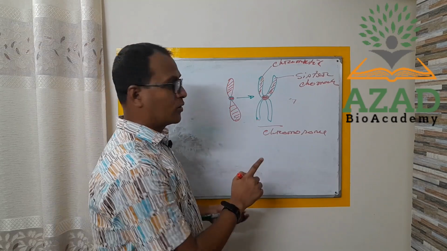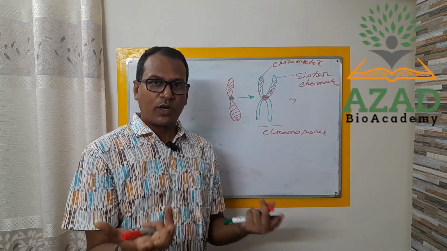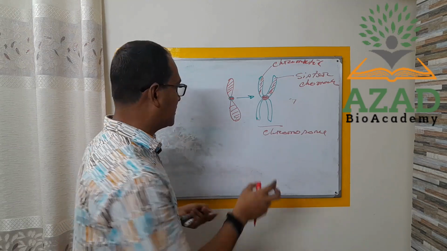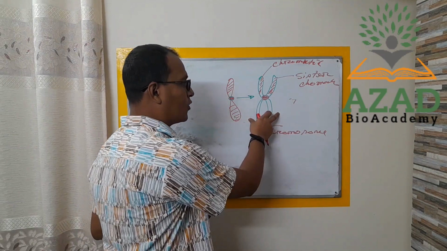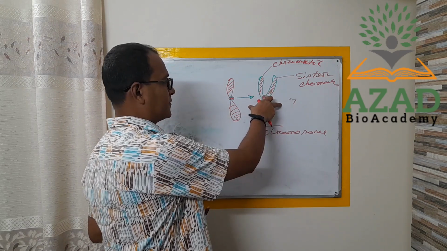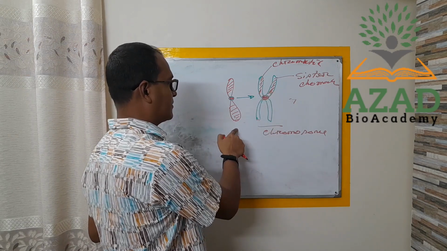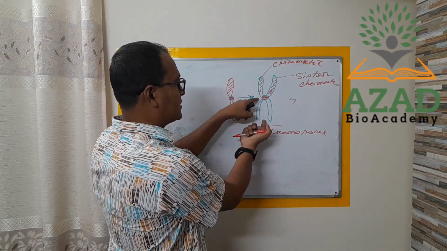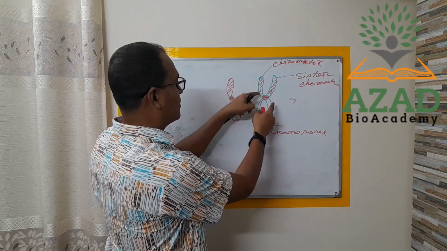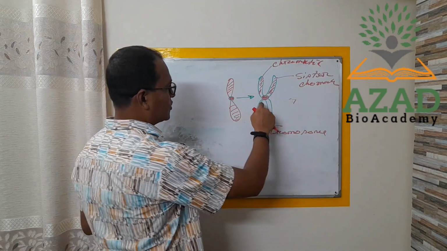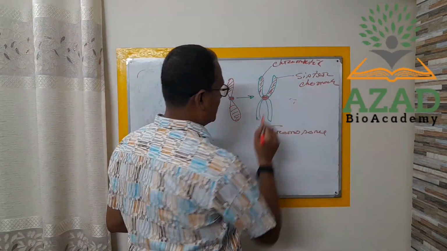Okay, so generally we know the chromosome has an X structure. So this is the duplicated form of the chromosome, like an X structure. So this is also a single chromosome, like a single chromatid, and here the duplication occurs. Then it will be separated.